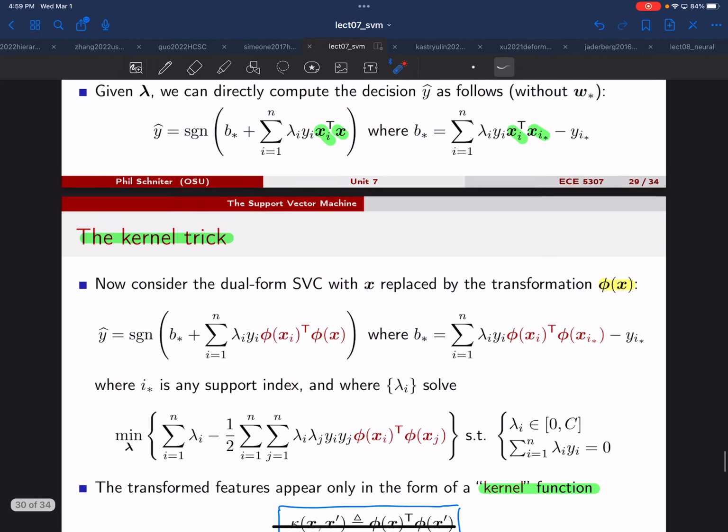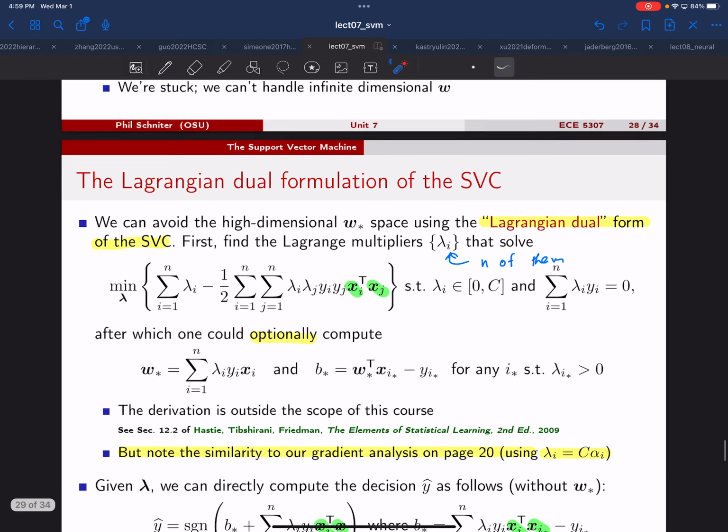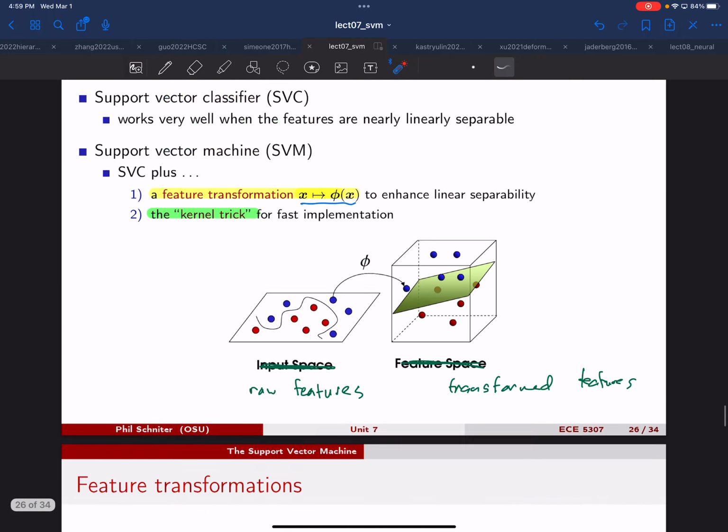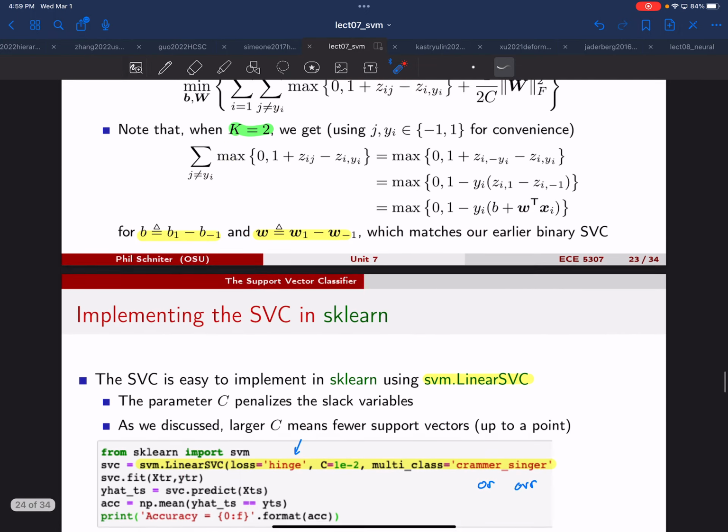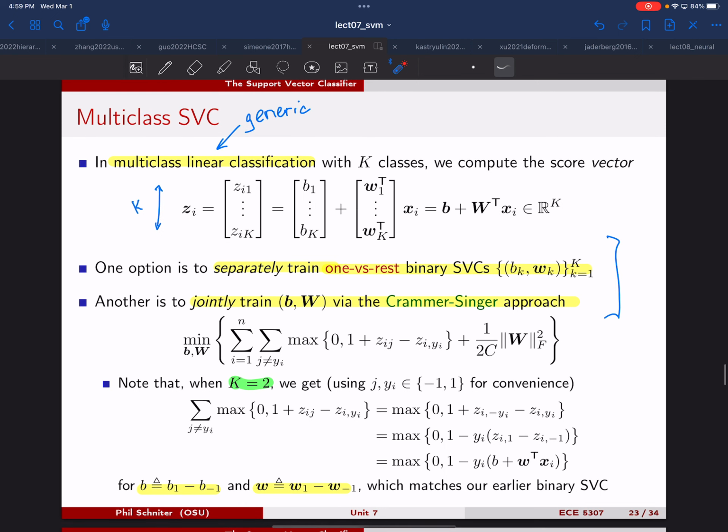In the case of one versus rest, it's pretty straightforward, because what you're doing is training this and this separately, and then next you're training the next 2, and so on. By the time you're done training all those K things, you have these.